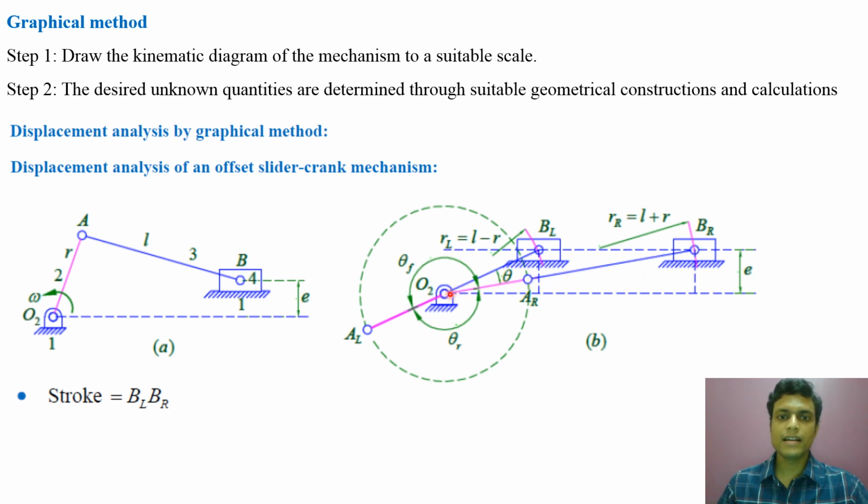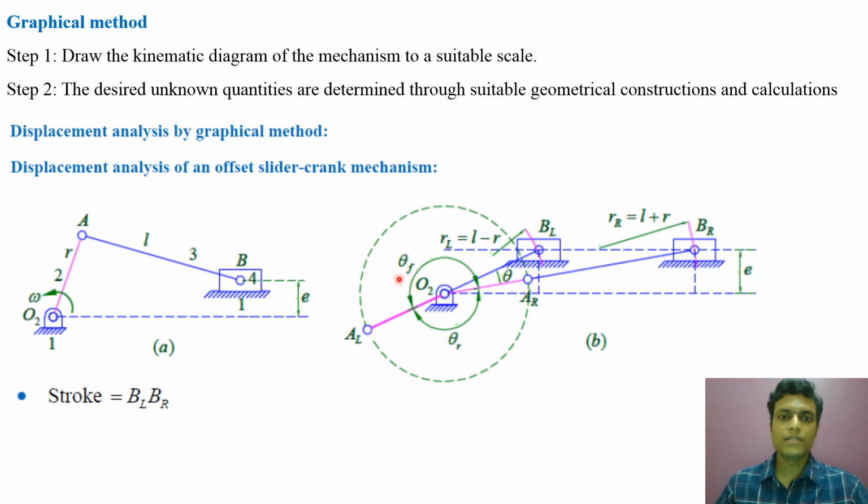The crank rotates in the counterclockwise direction and comes to O2AL, when the corresponding movement of the slider is BR to BL. So this is my forward movement. In forward movement, the slider moves from BR to BL and the crank rotates from O2AR in counterclockwise direction and comes to O2AL.